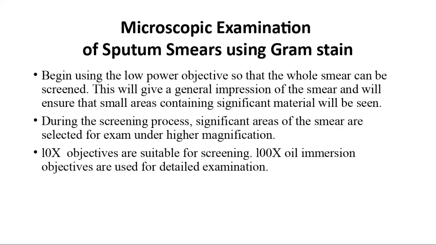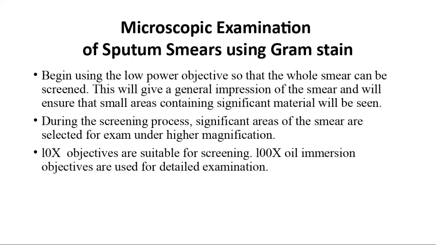Now, what elements may be present in the sputum? Can anybody tell me? Low power objective: if you remember in our first lab, when we discussed the microscope, we studied three types of lenses: the 10x, the 40x, and the 100x.